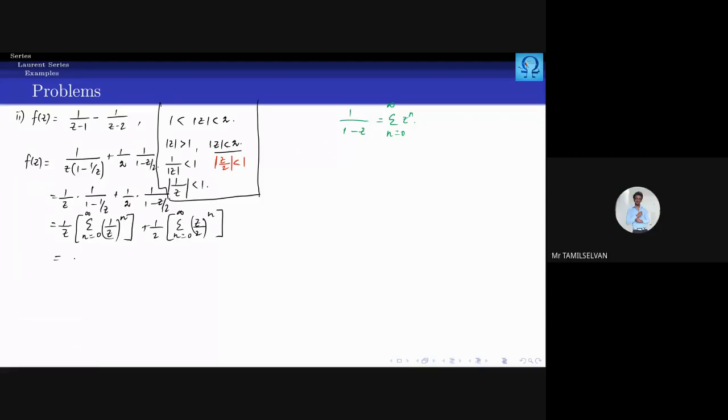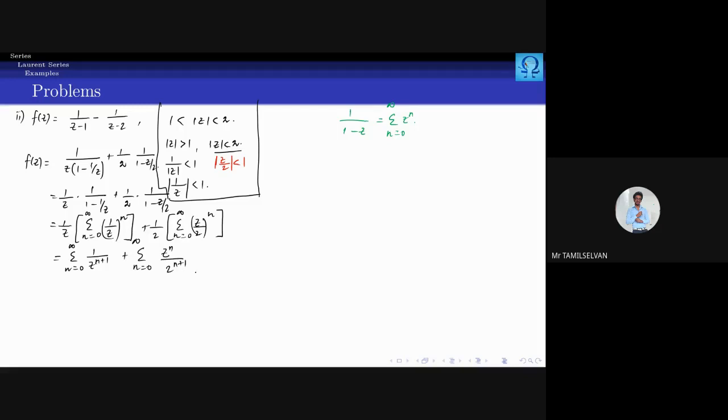If you take this z inside, you would have 1 upon z to the power n plus 1. Since z is independent of n, this can be taken inside the summation, and here you can take this quantity inside. So it is summation n runs from 0 to infinity z to the power n upon 2 to the power n plus 1.